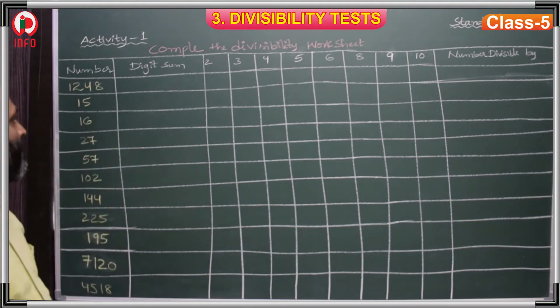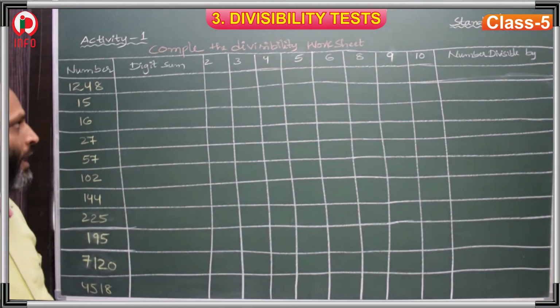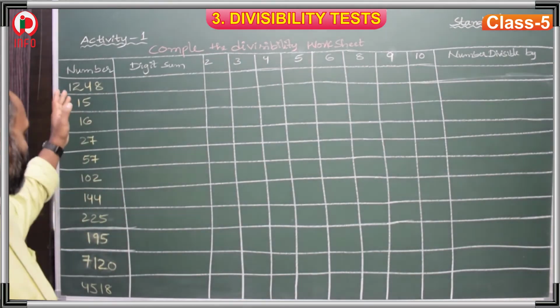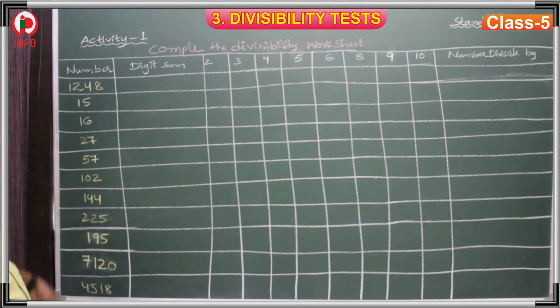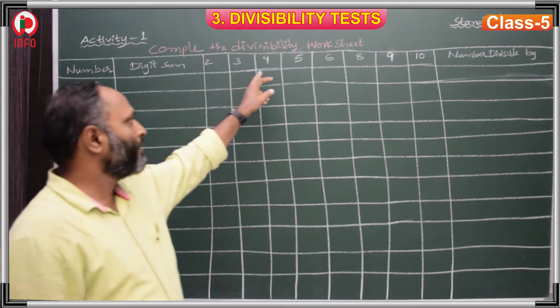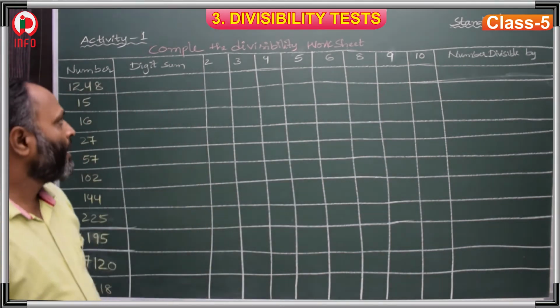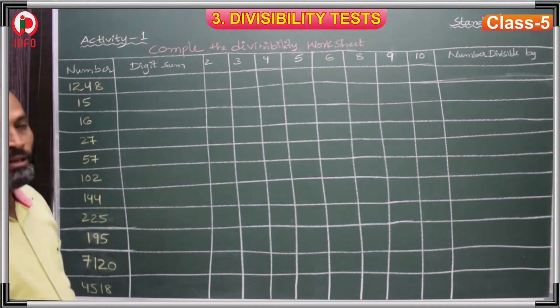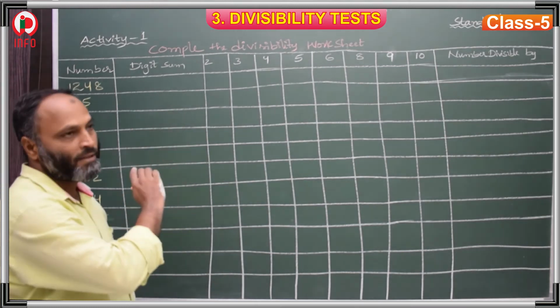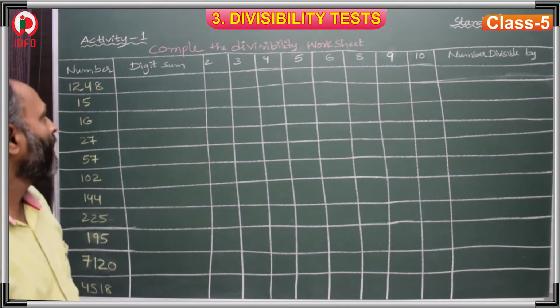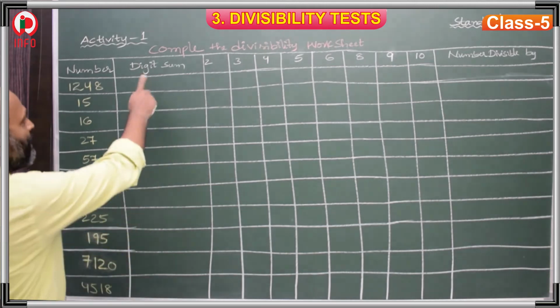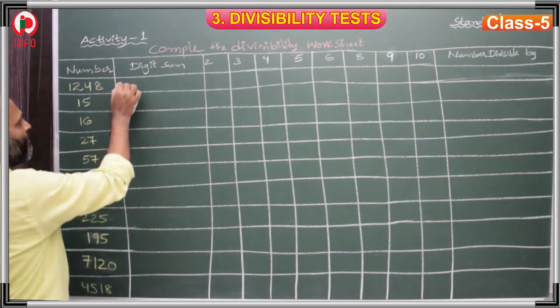In this worksheet we have to check whether the given numbers are divisible by 2, 3, 4, 5, 6, 8, 9, 10. In which table is it divisible? If it is divisible, make a tick, otherwise leave the box. First find the digit sum.